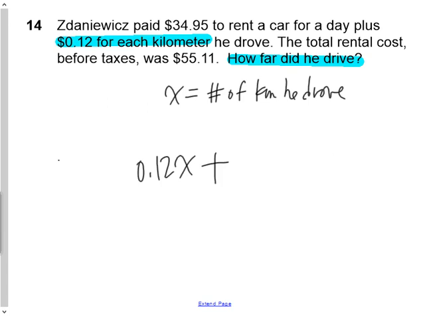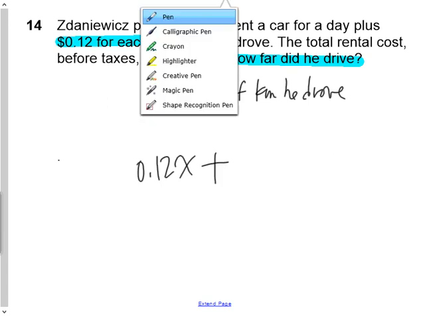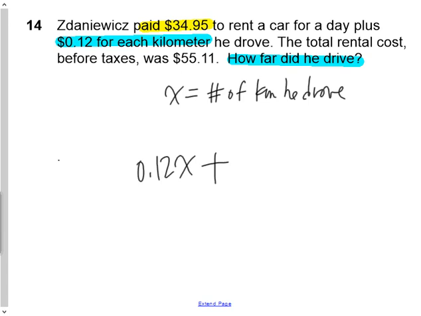Plus, the constant here, regardless of how many kilometers he drove, is going to be $34.95. Because no matter how many kilometers he drove, he still has to rent the car for $34.95. So his mileage plus the cost of the car, we know, cost him $55.11. So there's our equation that we can create to solve for how many kilometers he drove.